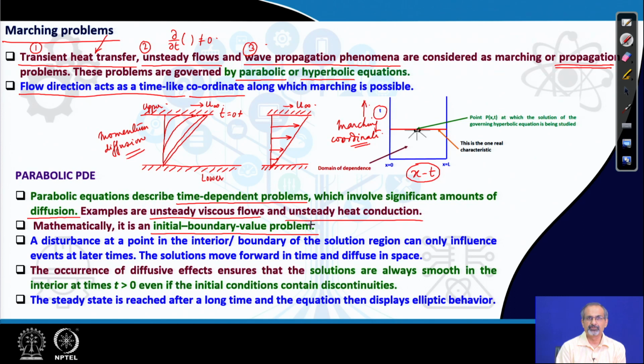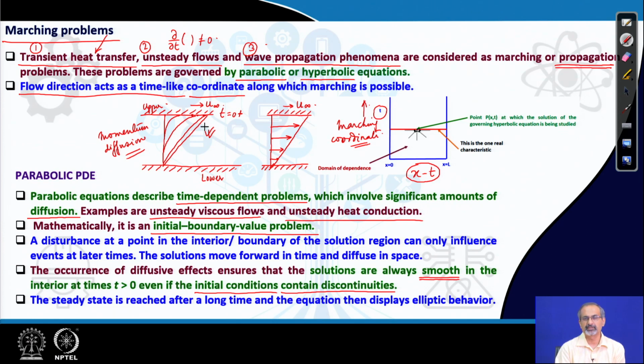The occurrence of diffusive effects ensures that solutions are always smooth. So, smoothness of the solution, like we saw in the case of elliptic equations, occurs even over here. And that happens even if you have initial conditions which contain discontinuities. For example, in this problem, at t equal to 0 plus, suddenly there was a jump in the velocity at the upper wall.